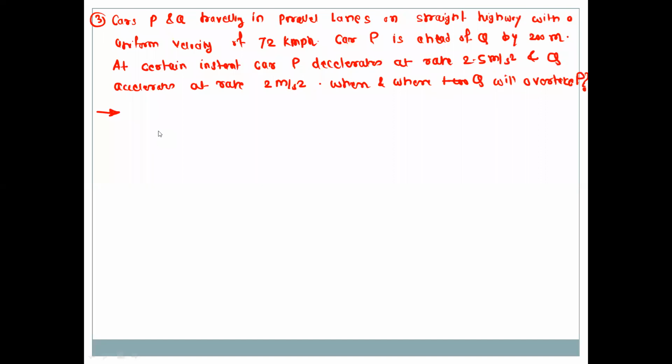At a certain instant, car P decelerates at the rate of 2.5 meter per second square, and at the same time car Q accelerates at a rate of 2 meter per second square. So the question is when and where car Q will overtake car P. Okay, so depending on the initial information, we have to draw the diagram.